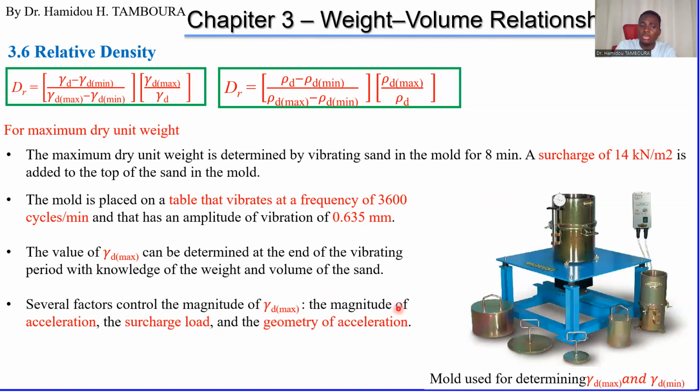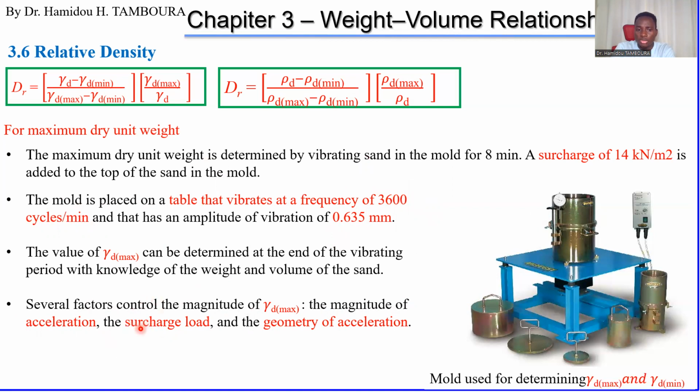These factors include the magnitude of acceleration. The American norms say that it should be 3,600 cycles per minute, but you can do higher than that if you want.